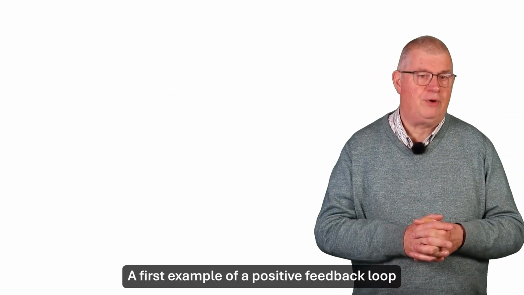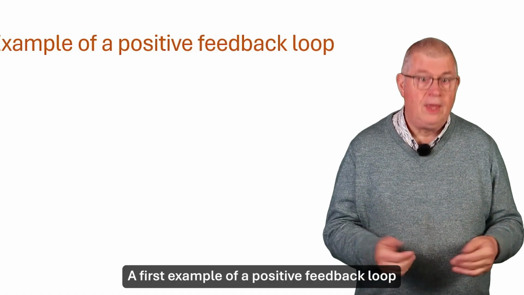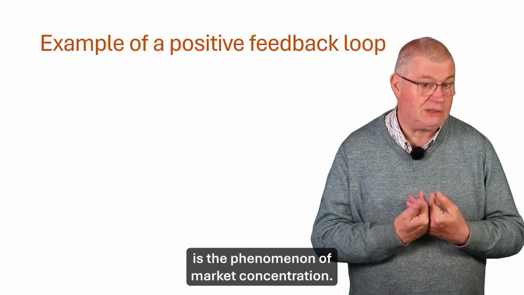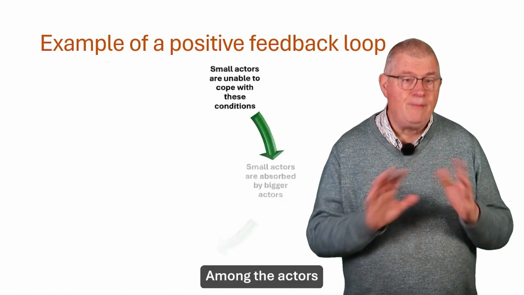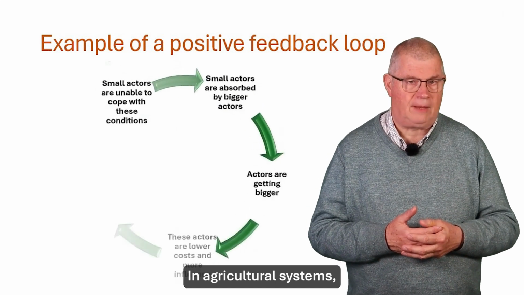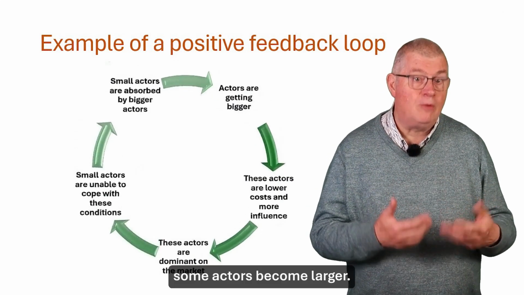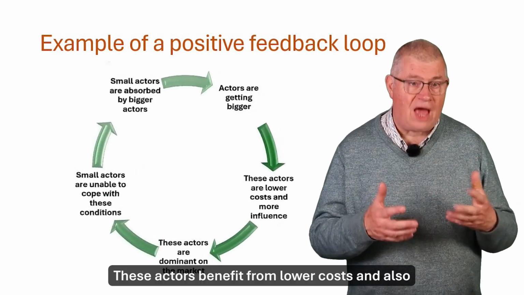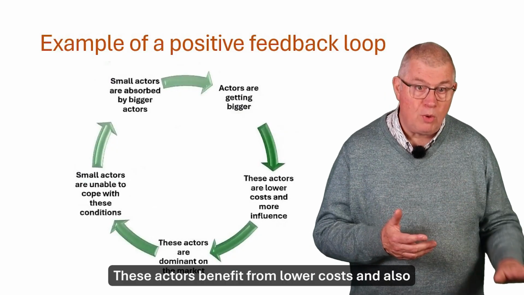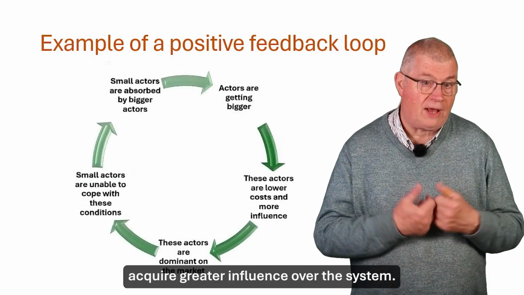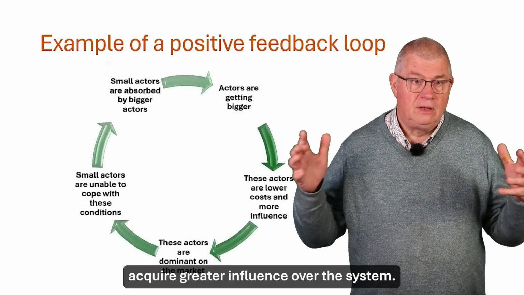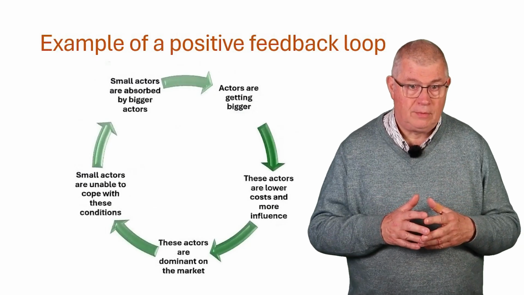A first example of a positive feedback loop is the phenomenon of market concentration. Among the actors in agricultural systems, some actors become larger. These actors benefit from lower costs and also acquire greater influence over the system.